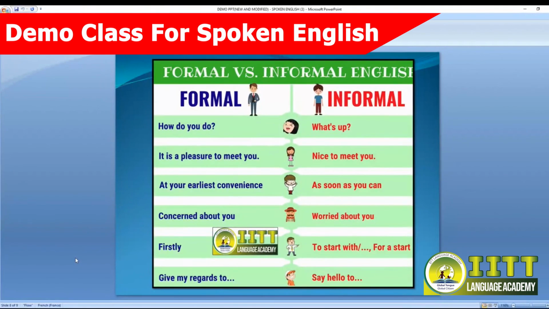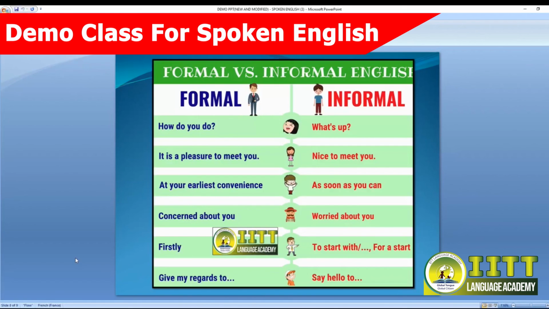We have many others, like thousands of this kind of phrases, to show you that with a little difference in your approach, you can be a fluent English speaker in a formal, professional way.